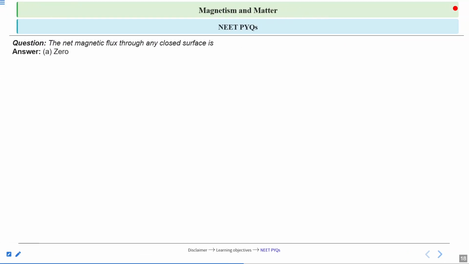It is known that net magnetic flux through any closed surface is always 0. So option A is correct.